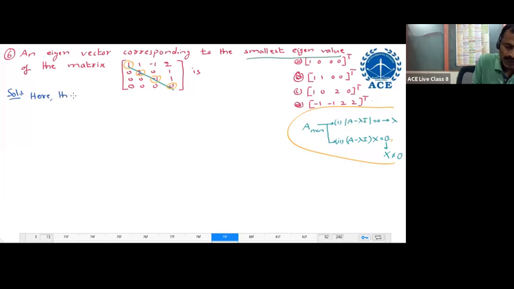Here the smallest eigenvalue of the 4 by 4 matrix A is minus 1.